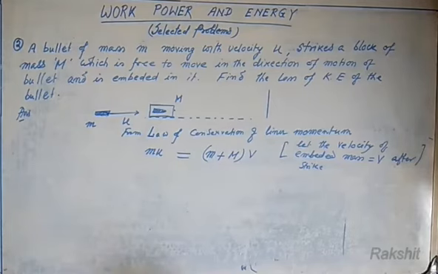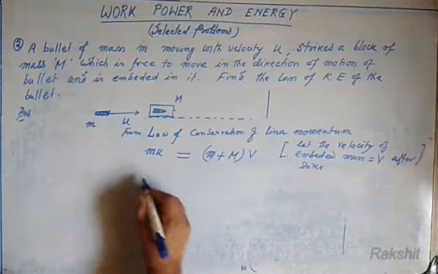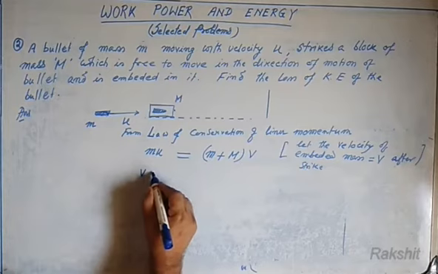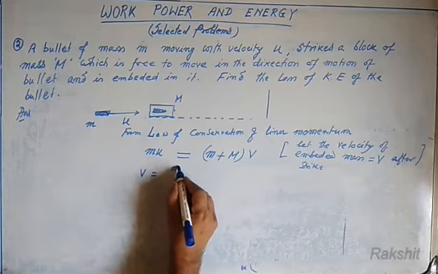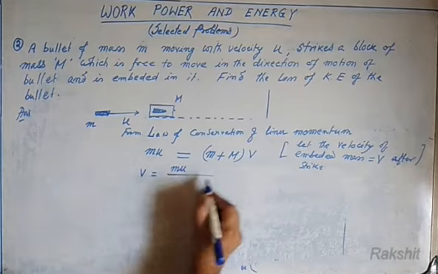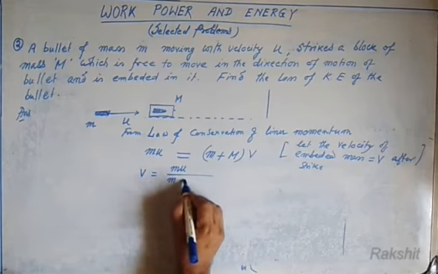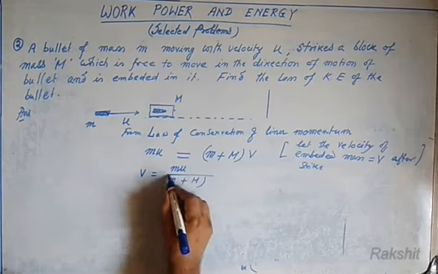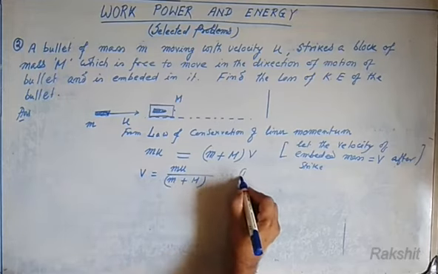So we can say v is equal to mu by m plus capital M. This is equation number 1.